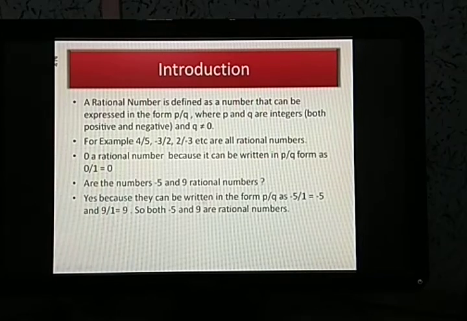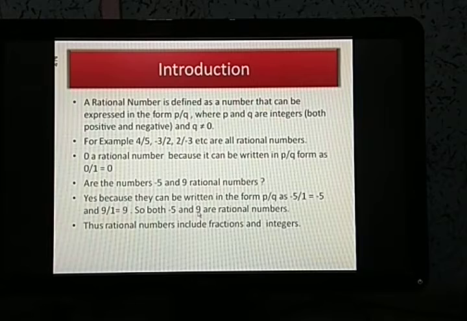So these are written in the form p by q, where q is the same, that is 1. So both minus 5 and 9 are rational numbers. So what you can conclude is that rational numbers include fractions as well as integers. Fractions like this, and these numbers minus 5 and 9 are just integers, but yes, they are rational numbers because we can write them in the p by q form.